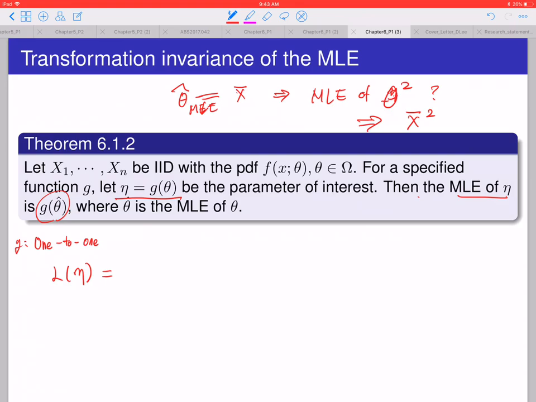What you have is f(xi; theta). If you have a one-to-one mapping, you can write it this way.